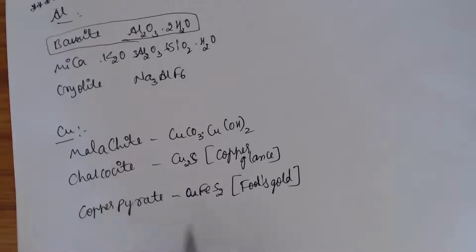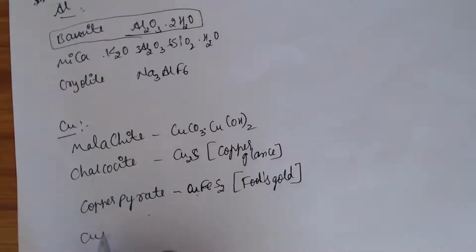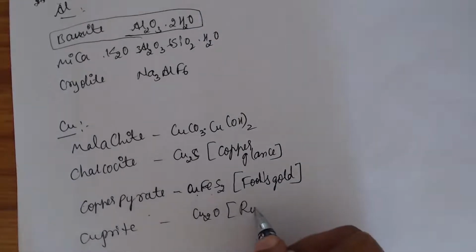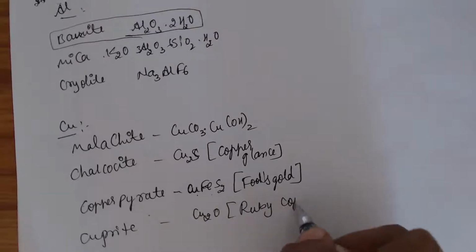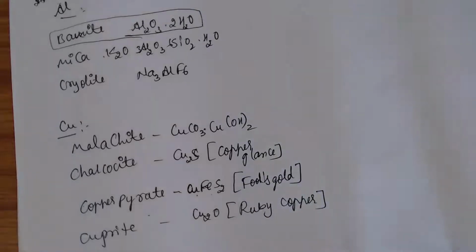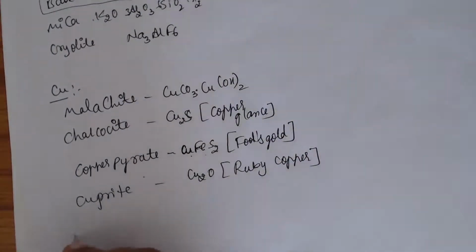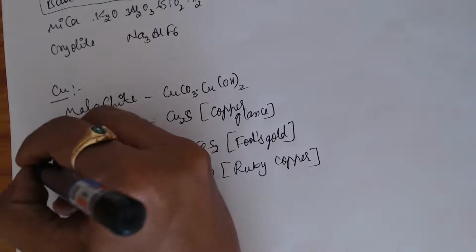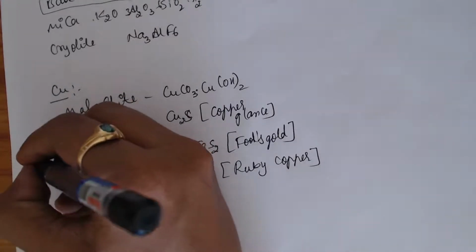It looks like gold, but it is actually copper. So copper pyrite, CuFeS2. And also cuprite. Cuprite means Cu2O. This is called ruby copper. So these are all given in what? NCERT.